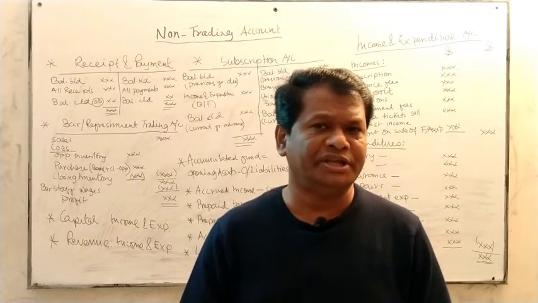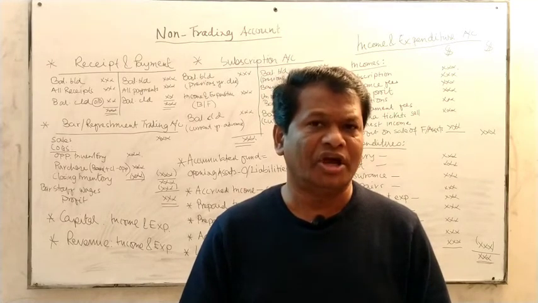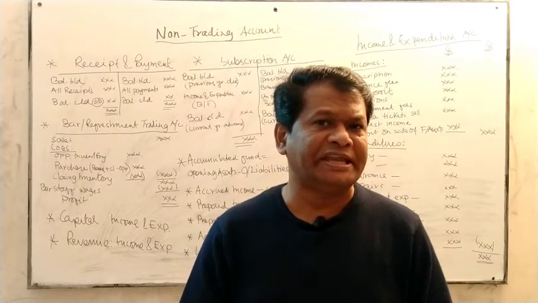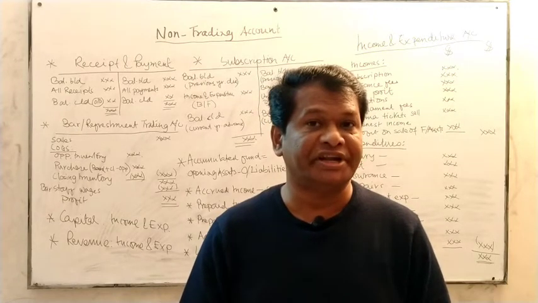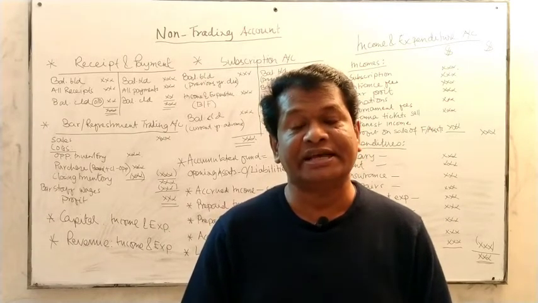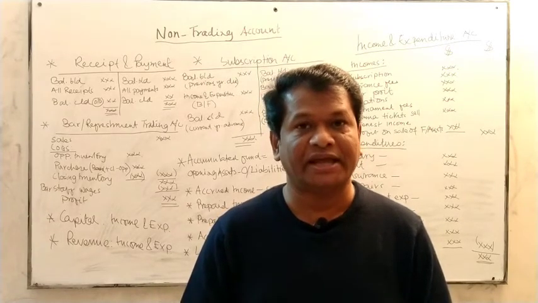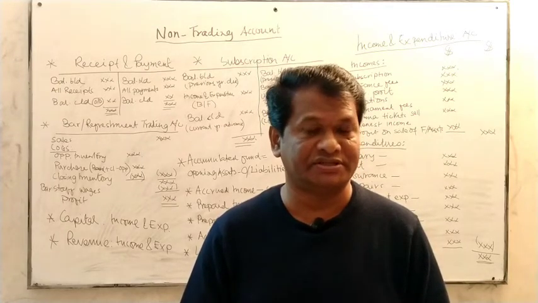So what are you instructed to do here? Basically, you have to prepare the income and expenditure account and the balance sheet. But for a non-trading concern, instead of an income statement, it is called the income and expenditure account. And instead of a balance sheet, it is called a statement of affairs.